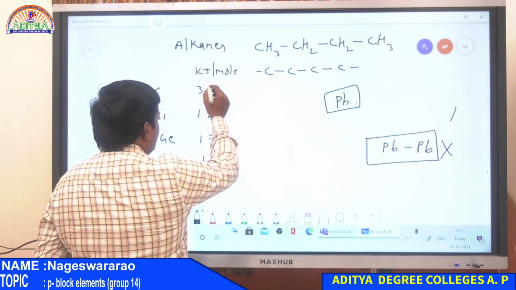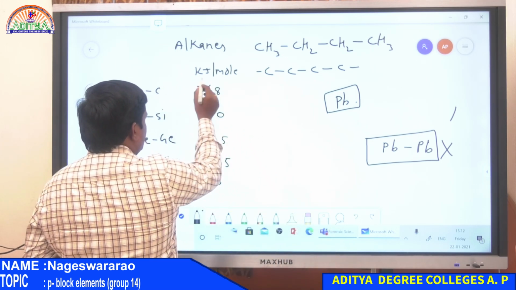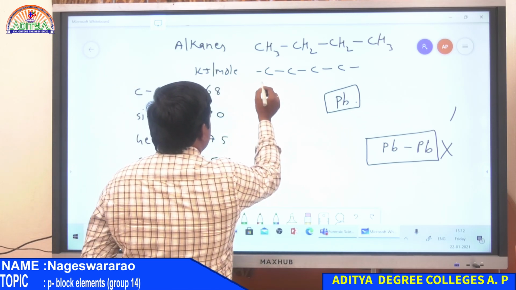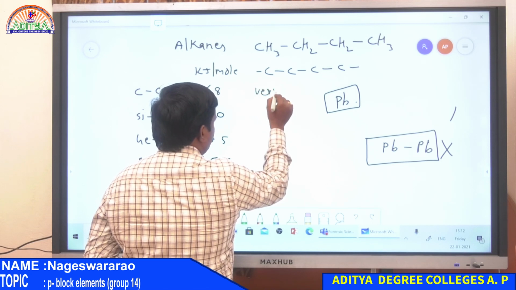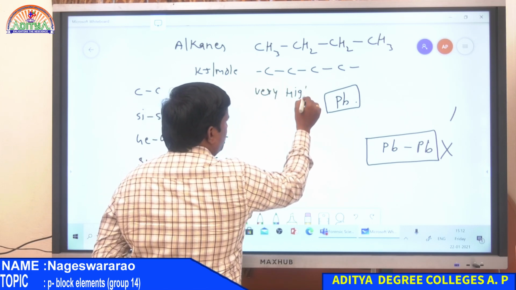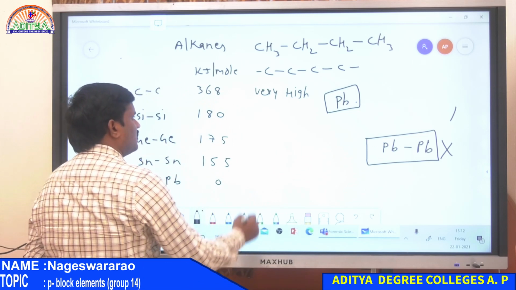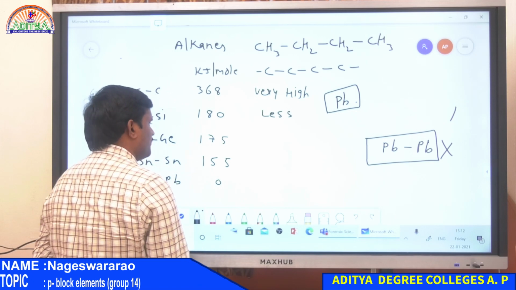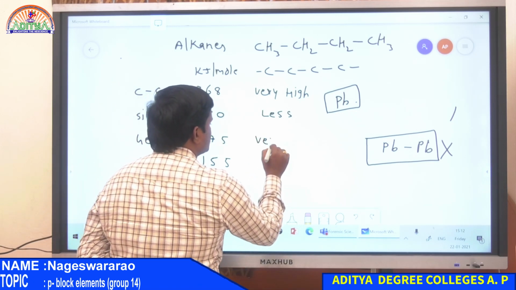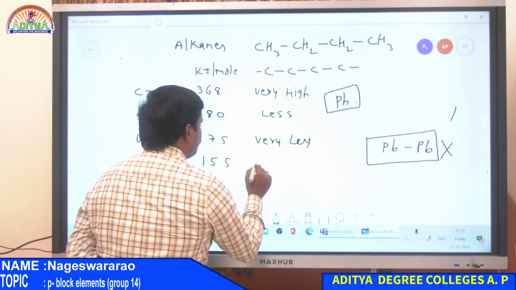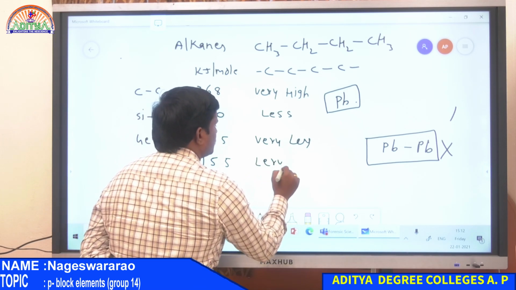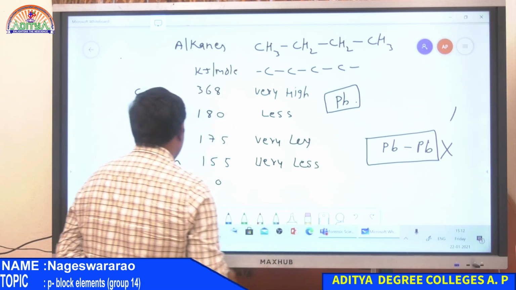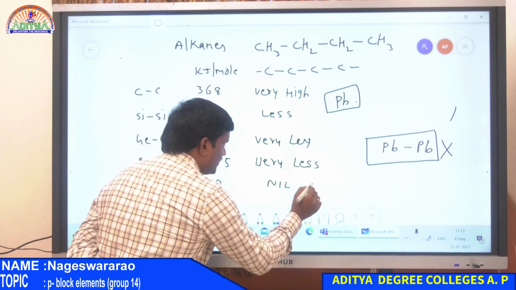So the bond strength of C-C is 368 for carbon, and the catenation property is very high. Whereas for silicon it is less, and for tin it is also very less, but for lead it is 0, that is nil.